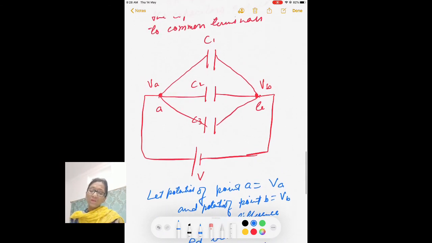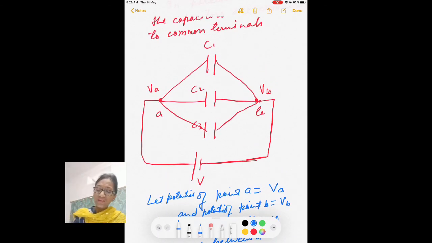Here you can find that the potential difference is the same. Here you have V volt, here also V volt, and here also V volt.